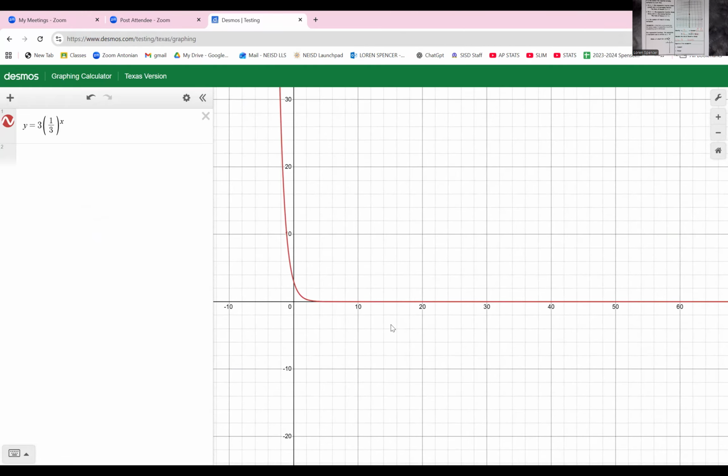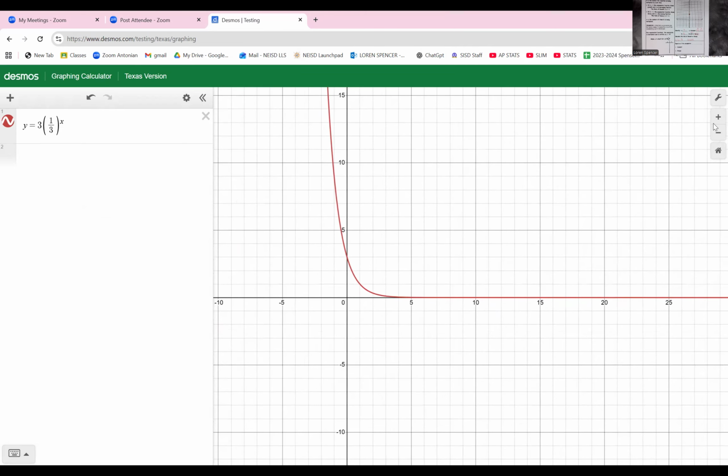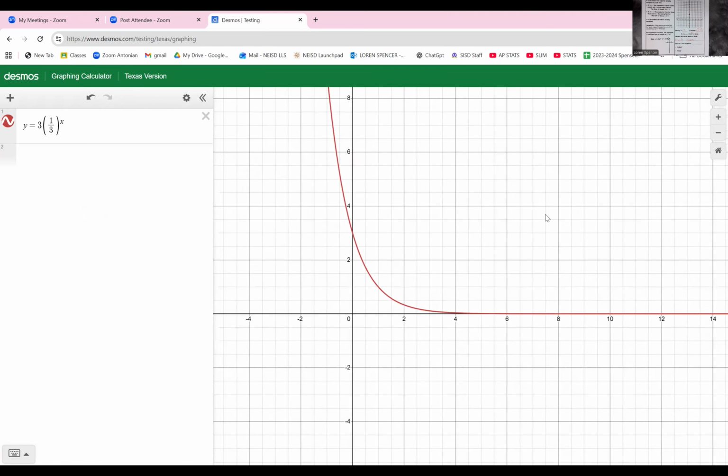And there it is. And I'm going to zoom in just a little bit, not that much. There we go. And we see we cross at 3 and we're going down. So we have a rate of decay, and that's what we expected.